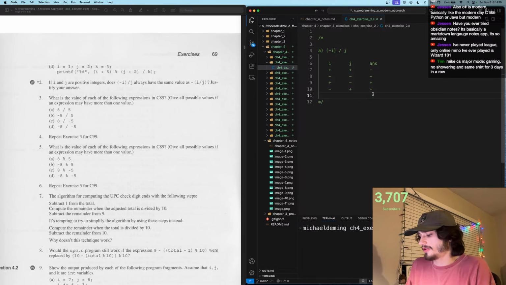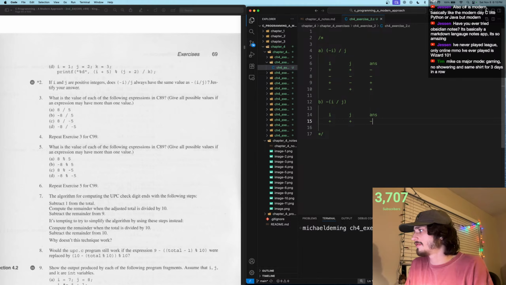Now let's look at the other scenario, where we have negative I divided by j, right? So in this case, I, j, answer. If I is positive and j is positive, the answer would be negative.